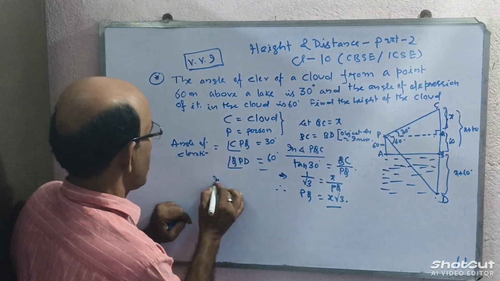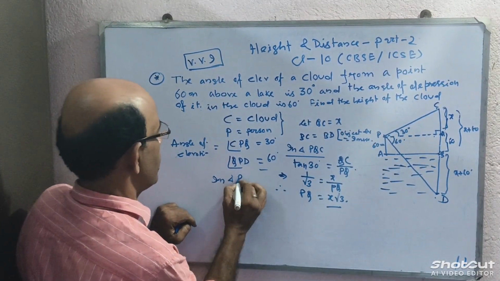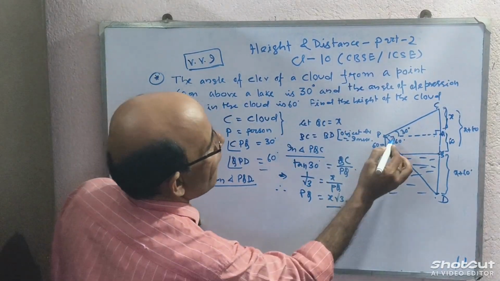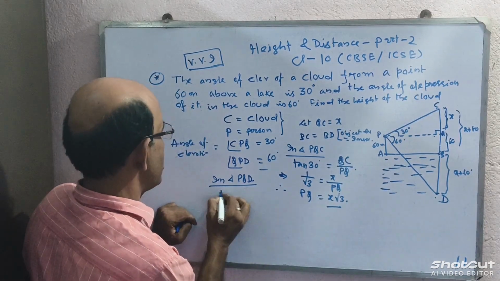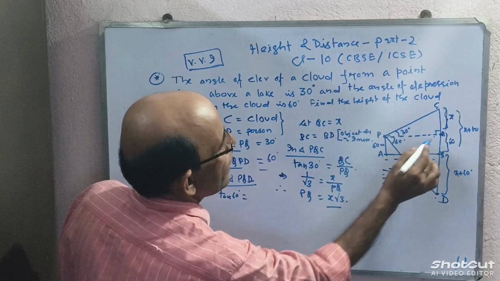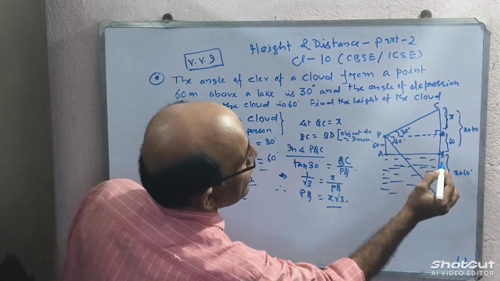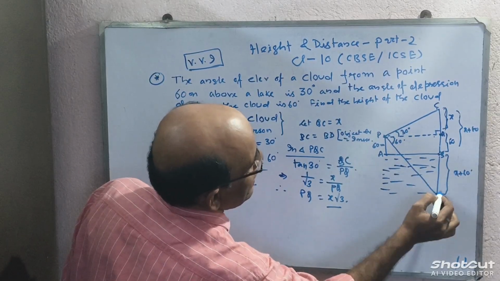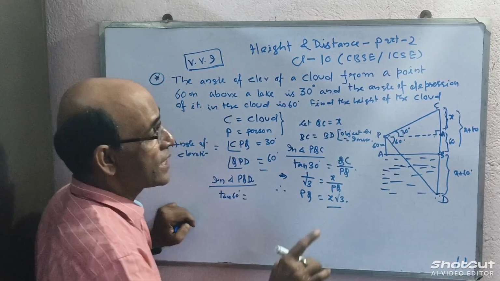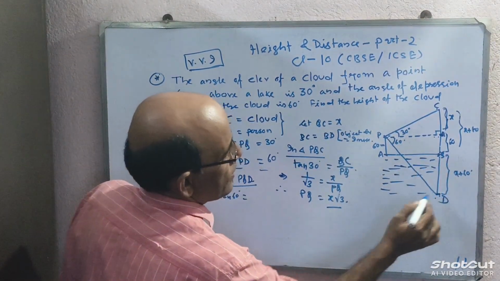Now, in triangle PQD, tan 60 degree is equal to perpendicular by base. What is perpendicular? This distance is BD. Now this distance is equal to 60 plus x plus 60. This is 60 and this is x plus 60.